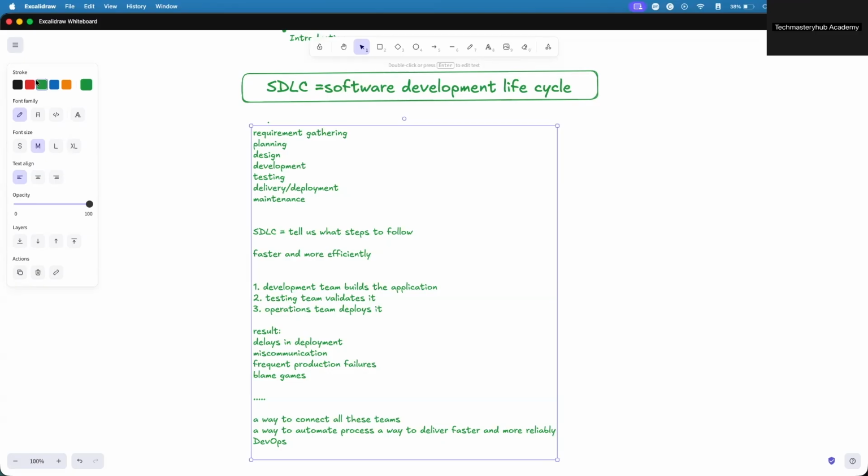So companies needed a better approach, a way to connect all these teams, a way to automate processes, a way to deliver faster and more reliably. And that solution is called DevOps. So today we are starting our DevOps Beginner to Advanced series.